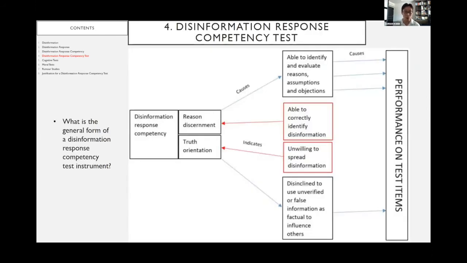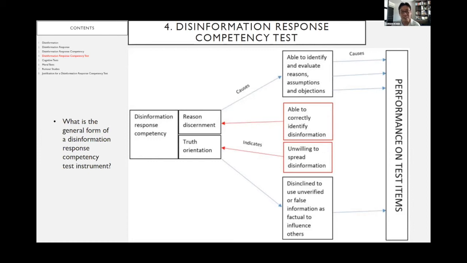This leads us to a general form of the disinformation response competency test instrument that I present in the form of a diagram here. Basically, we start off with the red boxes. That's what we are interested in: the ability to correctly identify disinformation and the unwillingness to spread disinformation.